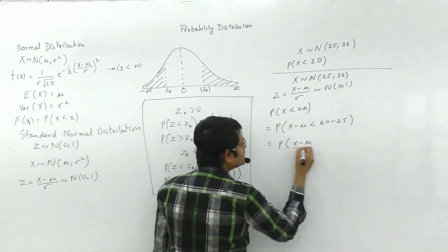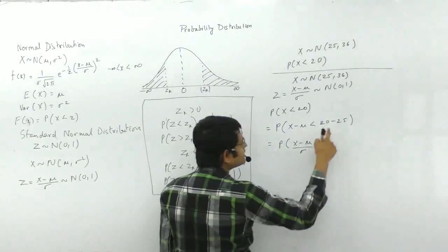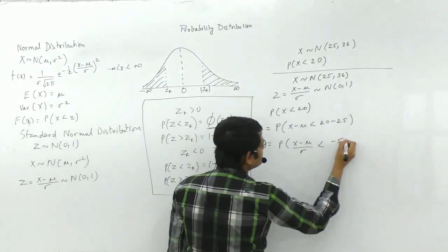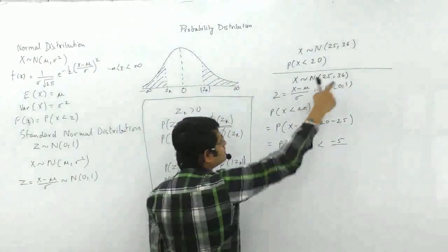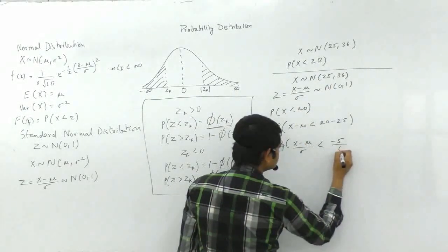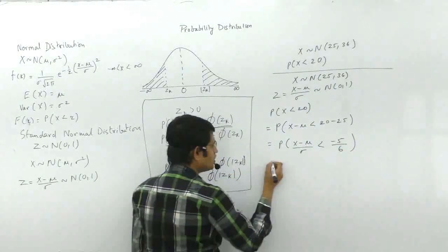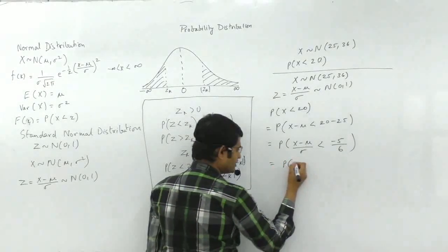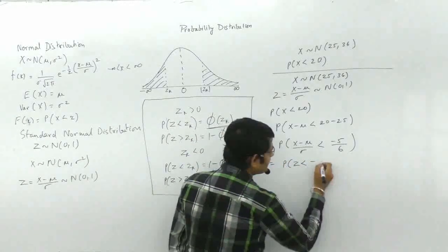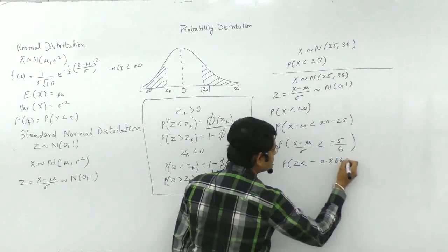X minus mu upon sigma less than minus 5 upon 6, since sigma is 6. So we can say this is nothing but the probability z less than minus 0.8666.